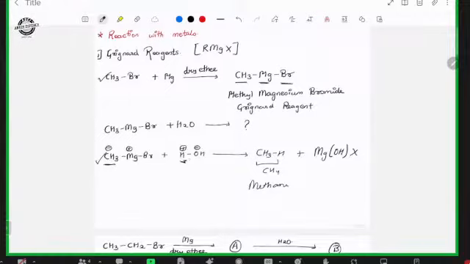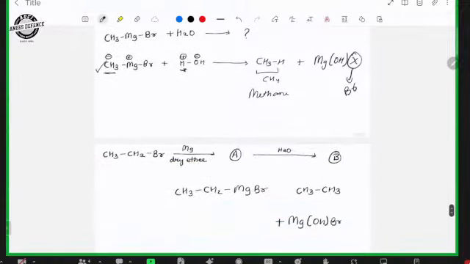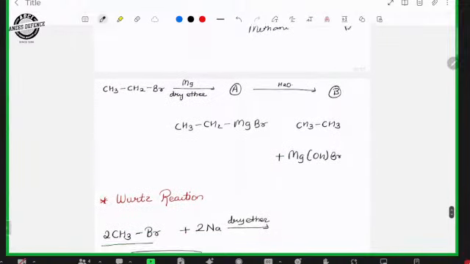In CH3MgBr, CH3 is minus, MgBr is positive. So the negative part of the reagent will attach itself to the positive part of water, and the negative part of water will get attached to the positive part of MgBr. So we are getting methane and MgOH. Your X is nothing but Br. This was the part which we saw, and we solved one example.